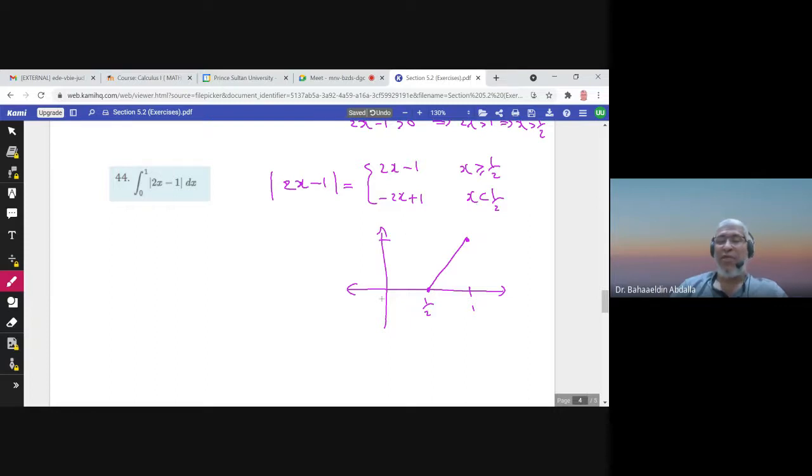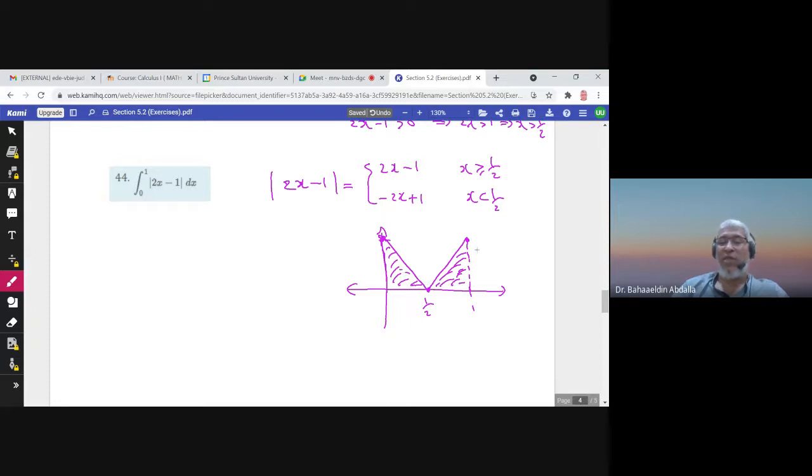And at 0, which is less than half, the y value is also 1. Here 0 plus 1 is 1. So this is the graph of the absolute value, and this is the region we need to find the area of.